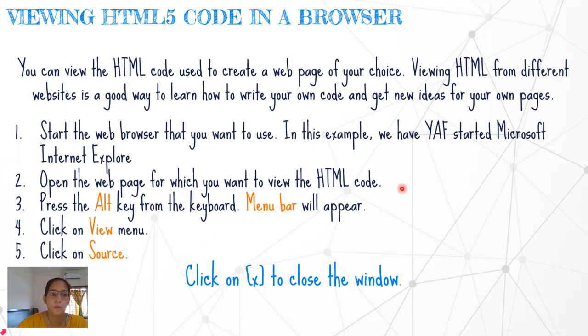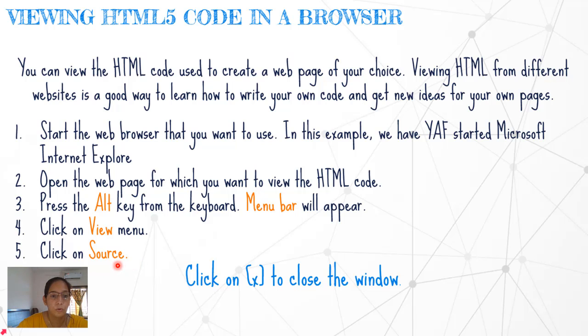The simple thing you have to do is start any web browser available, for example Internet Explorer, then open the web page which you want to view, and then press the Alt key on the keyboard, and the menu bar will display. Then select the View menu, and from the View menu select the Source option.